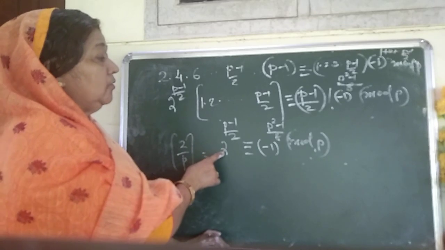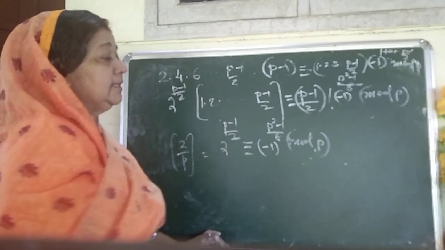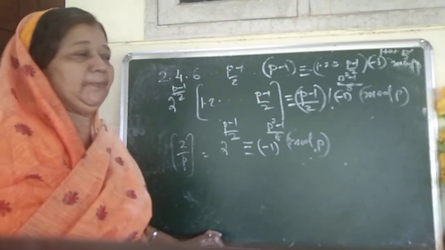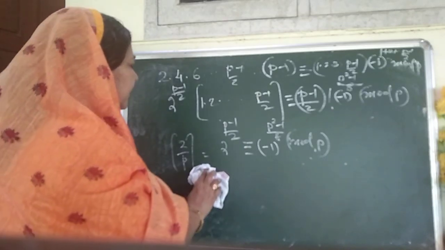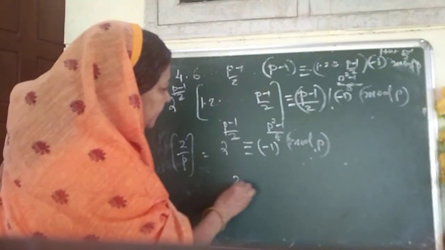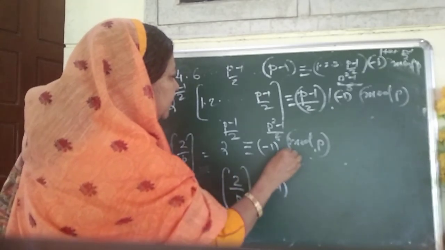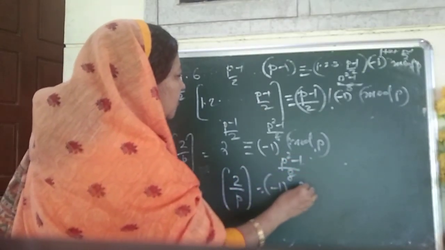Therefore, 2 by p equals 2 raised to p minus 1 by 2, which equals minus 1 raised to p square minus 1 by 8 modulo p. Therefore, 2 by p can be expressed as minus 1 raised to p square minus 1 by 8.